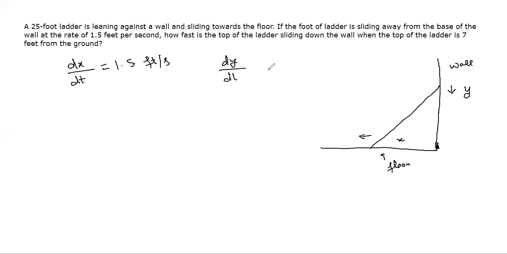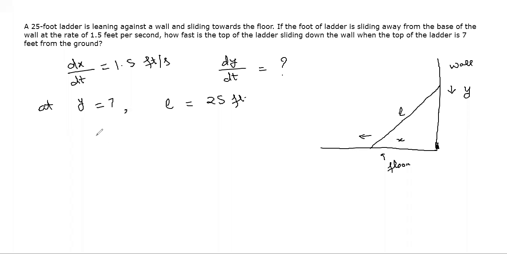We need to know dy by dt, at the instant when the top of the ladder is 7 feet from the ground. So at y equals 7 feet, and it is known that the length of this ladder is 25 foot.